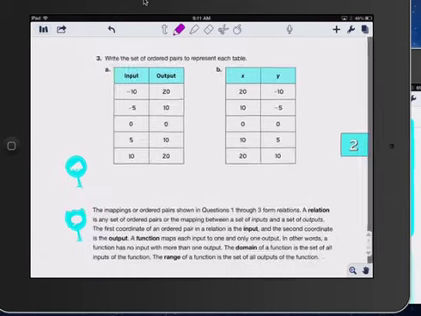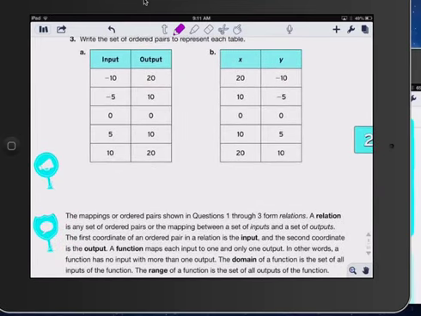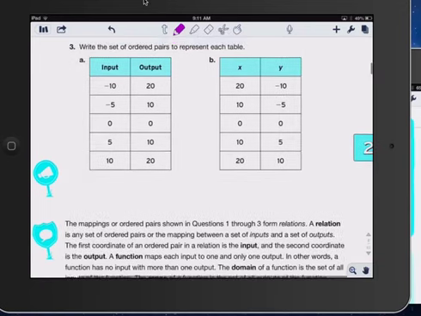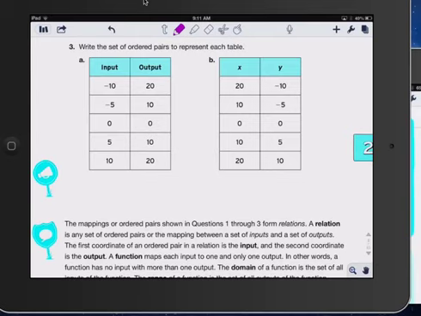At your table, write the ordered pairs. Page 69, right after what we did yesterday. On page 69. I want you on number 3, A and B, to write the ordered pairs for those tables.